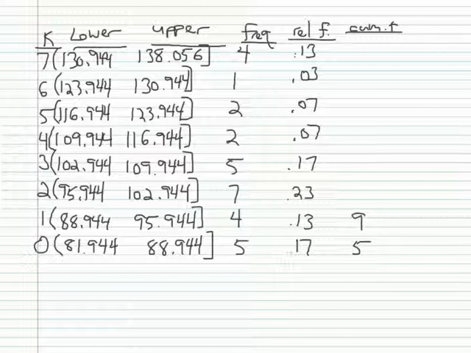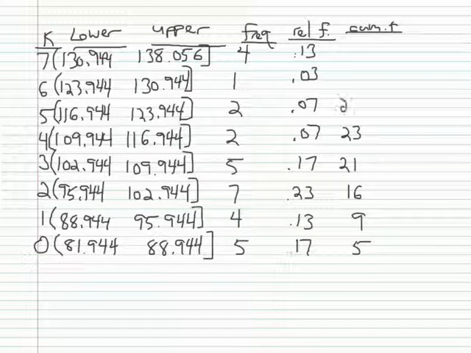To each value of the cumulative frequency I get, I just add the frequency of the next higher interval. And with that I get 16, 21, 23, 25, 26, and 30.